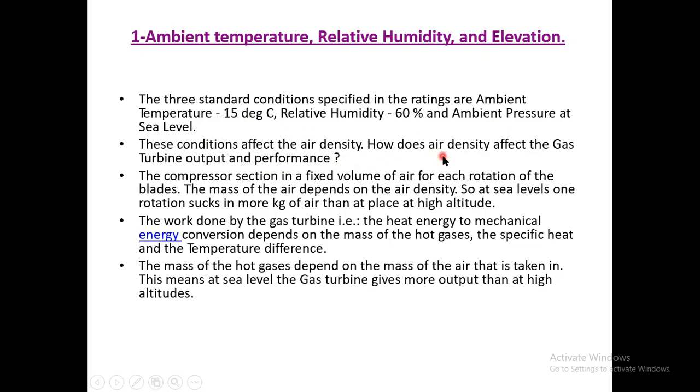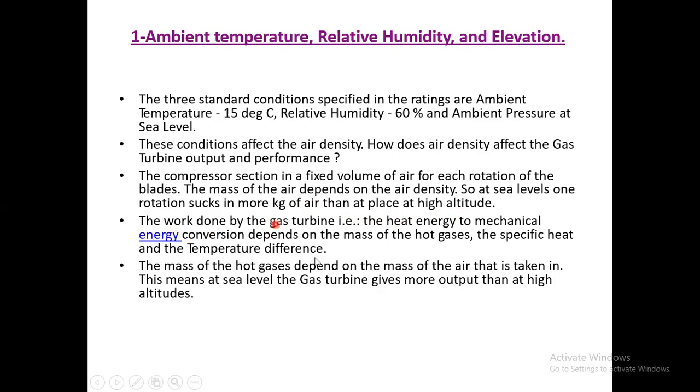How does air density affect the gas turbine output and performance? The compressor sucks in a fixed volume of air for each rotation of the blades. The mass of the air depends on the air density, so at sea level, one rotation sucks in more kilograms of air than at a place at high altitude.